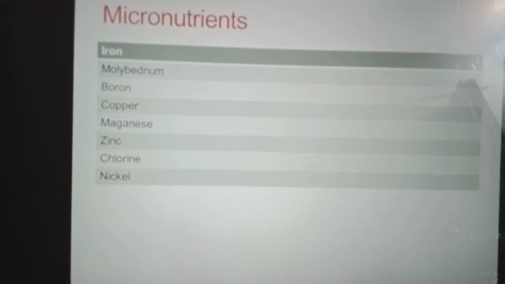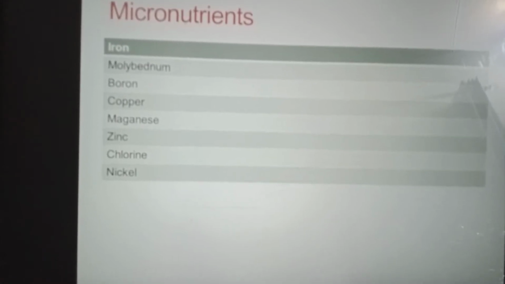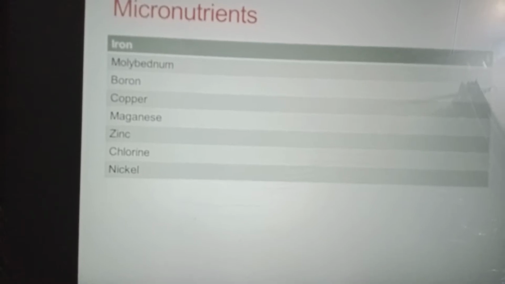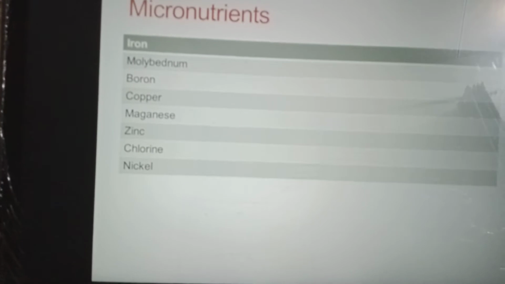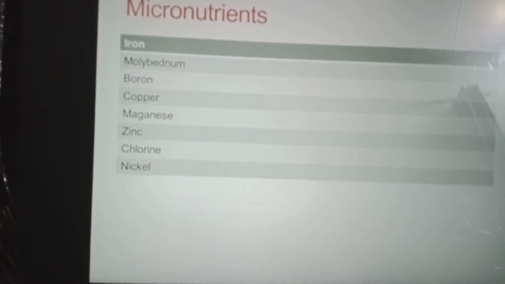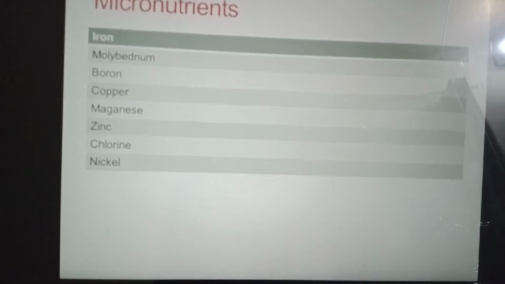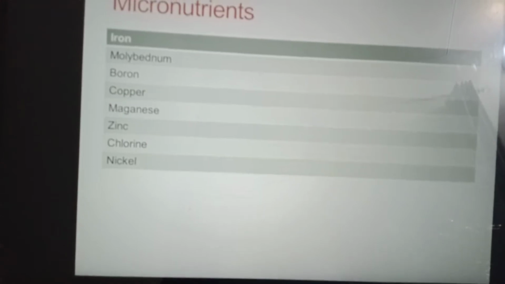Copper is the component of several enzymes. Manganese is involved in enzyme activity for photosynthesis, respiration and nitrogen metabolism. Zinc is required in a large number of enzymes. Chlorine is involved in osmosis of water. And nickel is required in nitrogen metabolism.